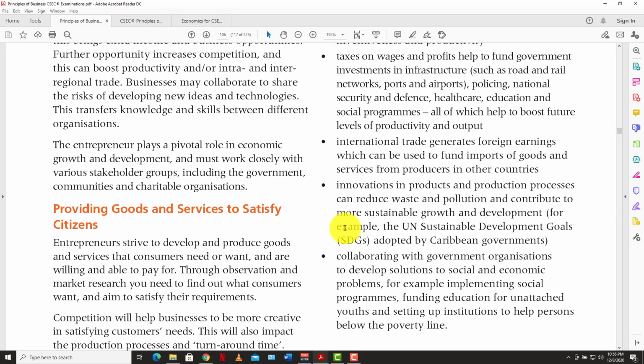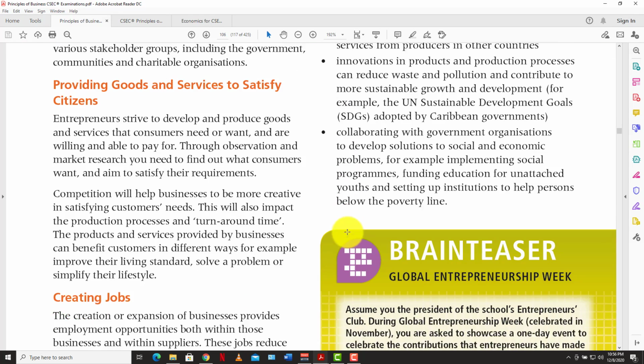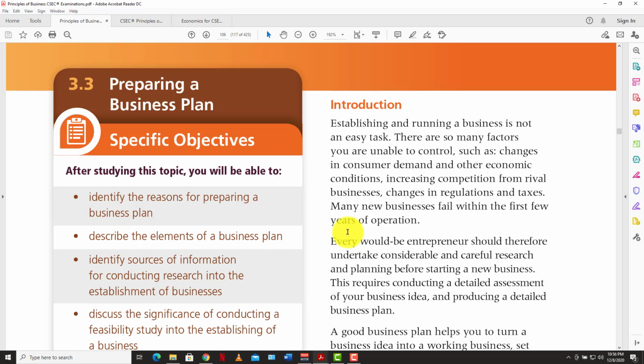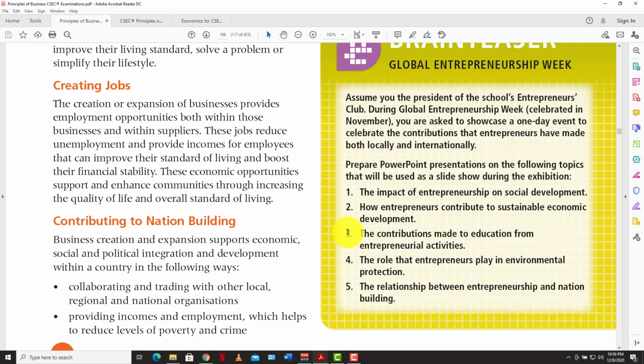All right. Also, of course, when you have businesses, they can also have an impact on an international level. Meaning that a company might come in from overseas and they create that link, that diplomatic link between your countries, and so countries can benefit from each other because of these links.